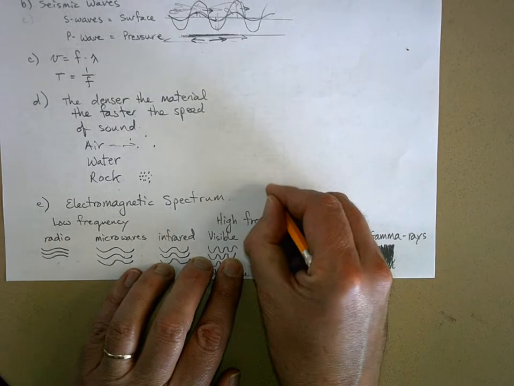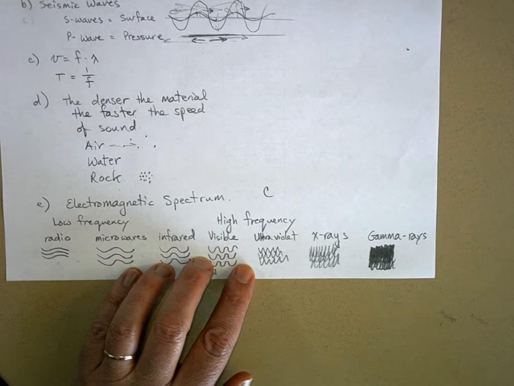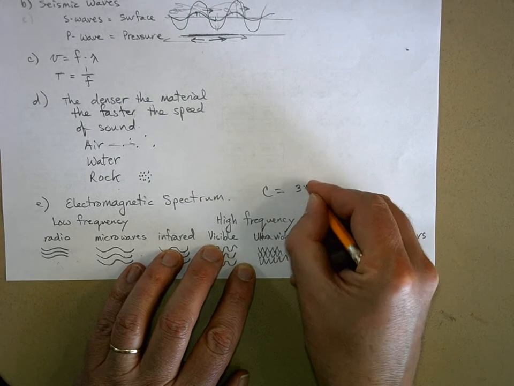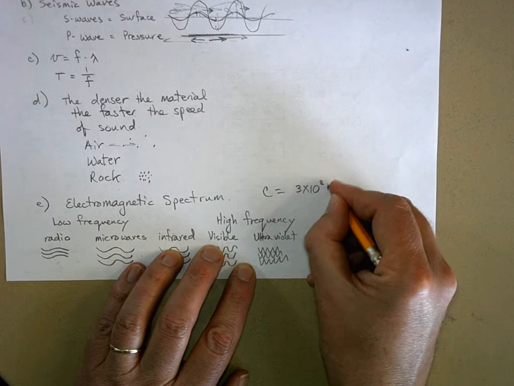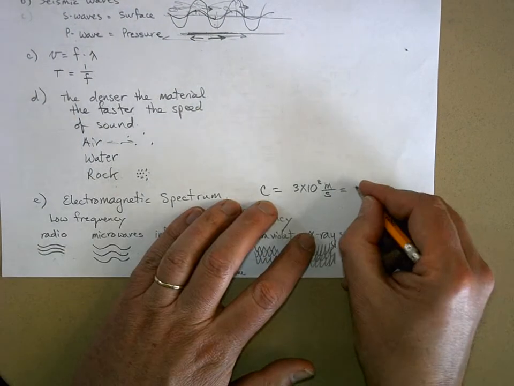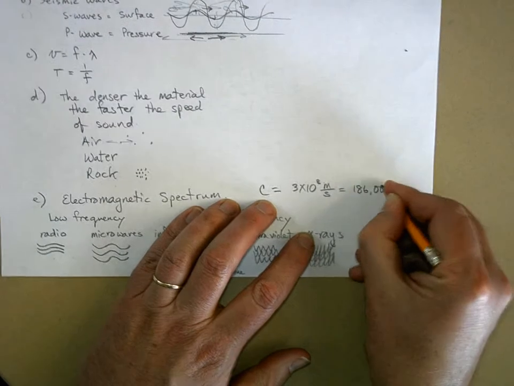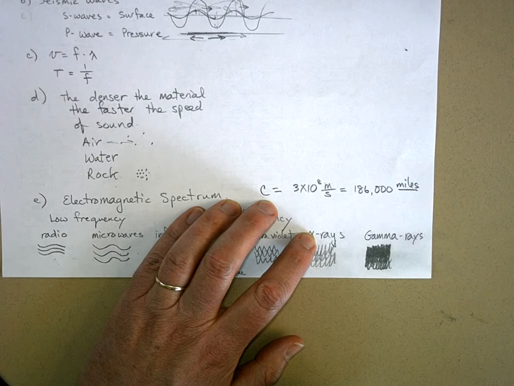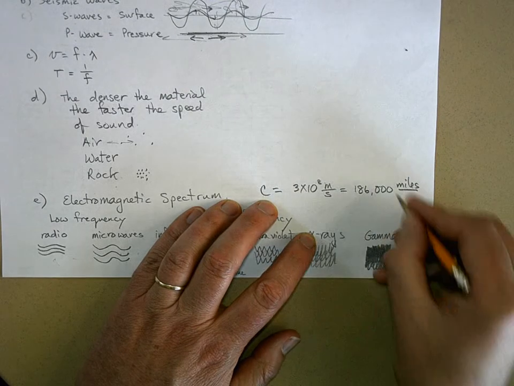C is the speed of light. And the speed of light is 3 times 10 to the 8 meters per second, which is pretty close to 186,000 miles per second.